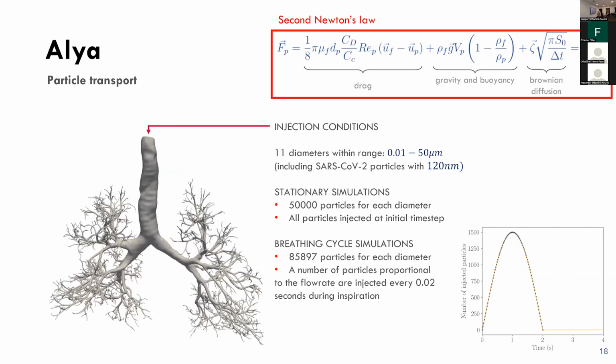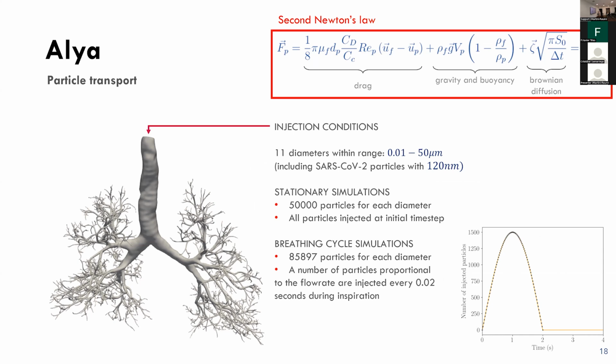In particular, we also simulate the particle transport inside that organ level, considering these forces, and with those settings, 11 types of diameters, although we are focusing this specific project on the SARS-CoV-2 virus, which is around 120 nanometers, but for a general purpose, we also simulate these other diameters.